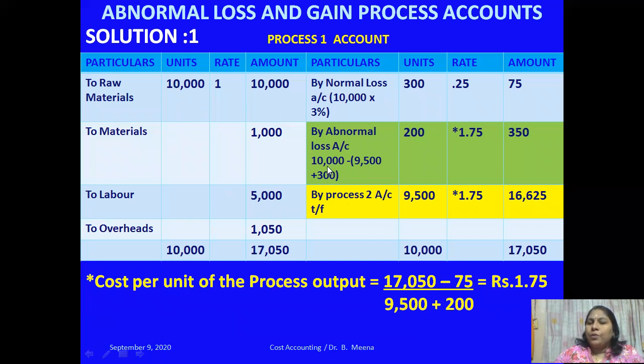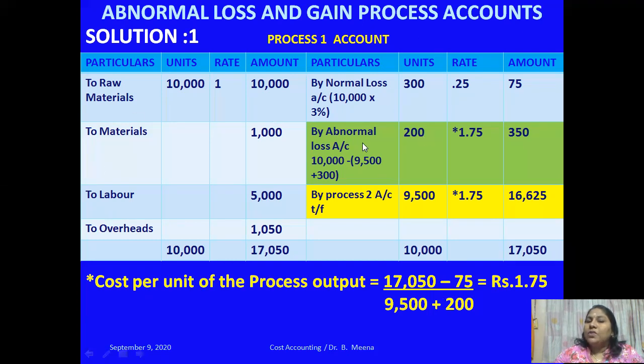So 10,000, and output is given in the problem 9,500, and wastage is how much? 300. So 9,500 is the output and 300 is the wastage, meaning the calculation came to 9,800 only. Out of 10,000, 9,800 only is accounted, meaning the remaining 200 will be the unexpected loss.